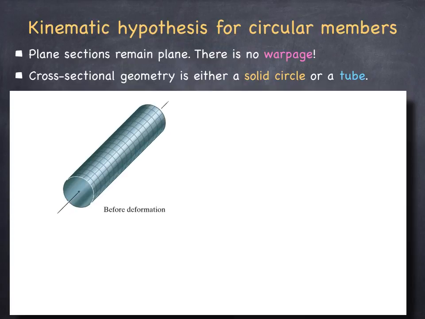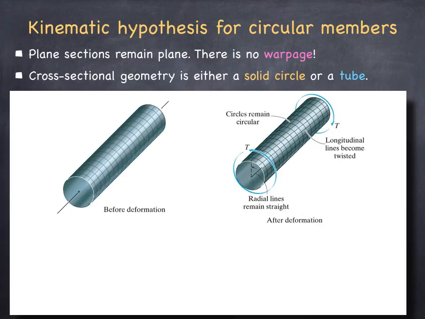If we have a circular cross-section, and we painted a rectangular perpendicular grid line on its surface and apply torque to it, we see that the vertical lines that represented the cross-section remained vertical. They did not become wavy lines or get warped, and the horizontal lines twisted around the circular geometry.